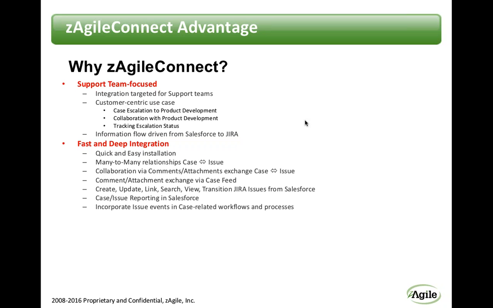It's very likely that you can have a more complex case that a customer may have reported that actually could represent multiple issues within JIRA or multiple escalation points in JIRA. The same thing on the JIRA side. It's very probable that a particular issue may have been raised by a number of customers, so there are a number of cases associated with it. So you can establish those types of many-to-many links between case and issue.